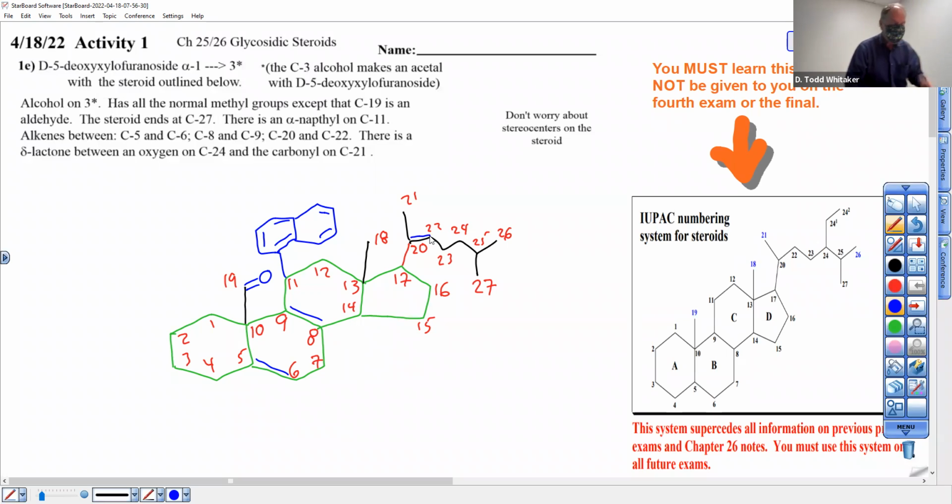Now we got to be careful. Lactone between oxygen on C24. So draw an oxygen off C24. And there's a carbonyl on C21. This is not going to be too hard. Put it in blue. There's an oxygen on C24. C21, you're told, is a carbonyl, and there's the lactone.